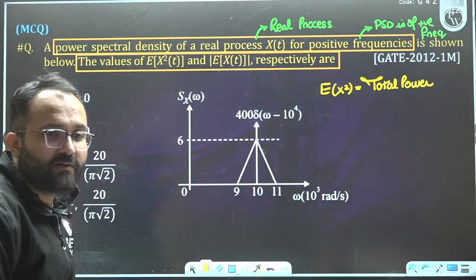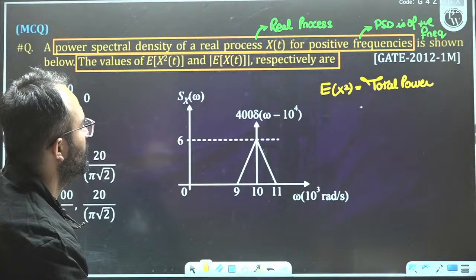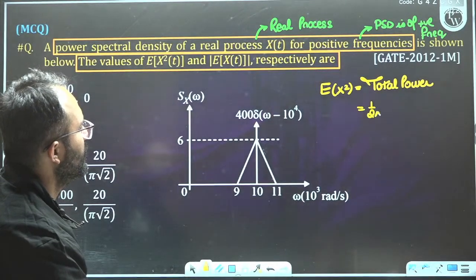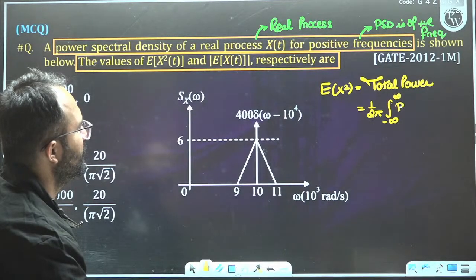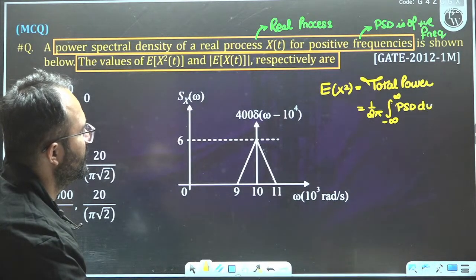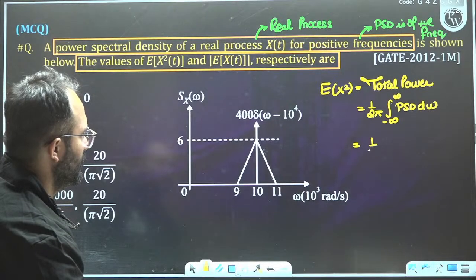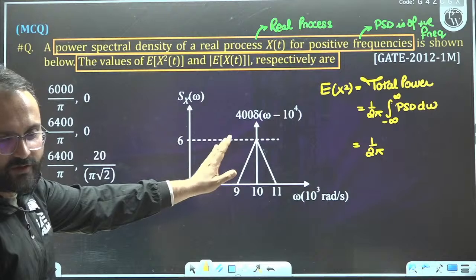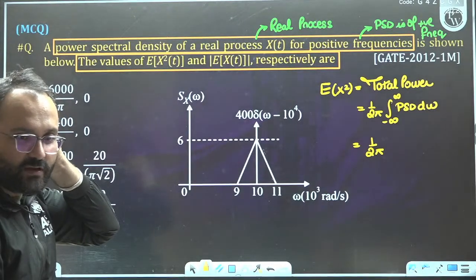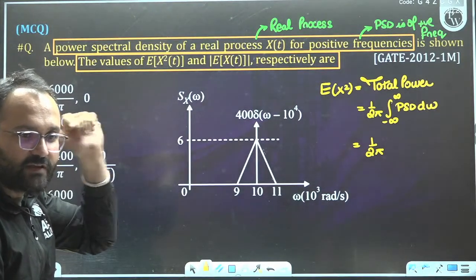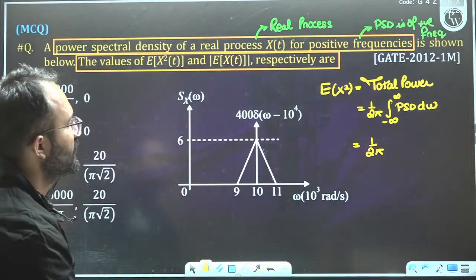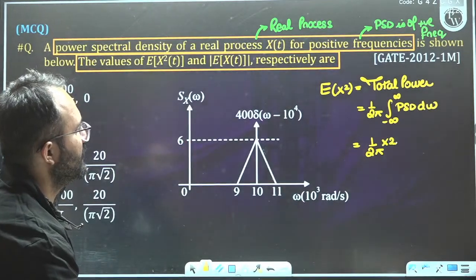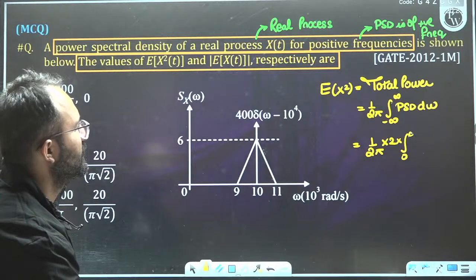Now the total power is obtained by simply 1 upon 2 pi times the integral from minus infinity to infinity of the power spectrum. Now since here we have only the positive portion and for the real process the power spectral density is real and even, we can say it is simply twice the positive part.